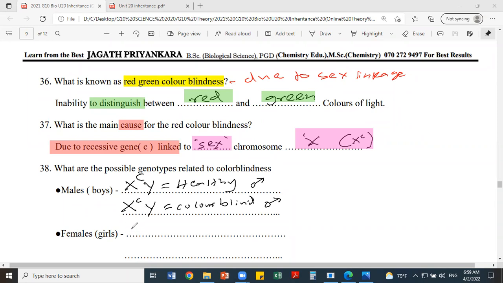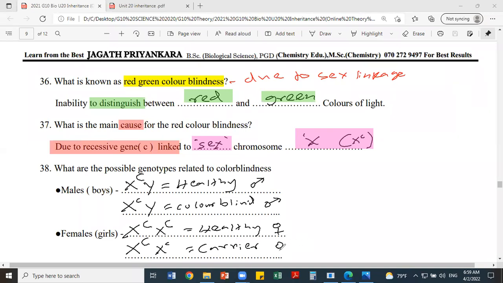Females, you can write X capital C X capital C, and X capital C X simple c. What is this? A healthy or normal girl or female. This one is a carrier girl.